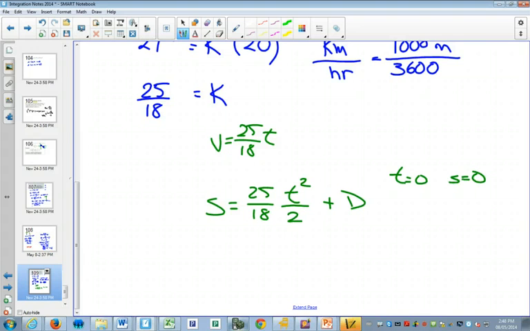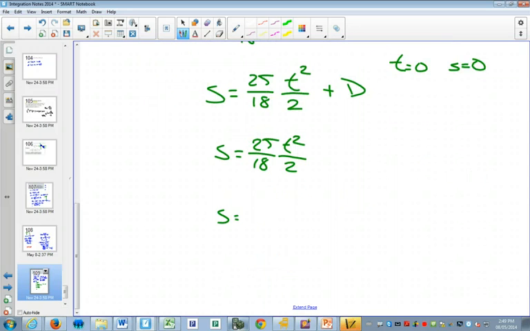So d is 0. And we've got that s is 25 over 18 t squared over 2. Plug in 20. We can plug in just 20 because we're already dealing in seconds, and our answer will be in meters.